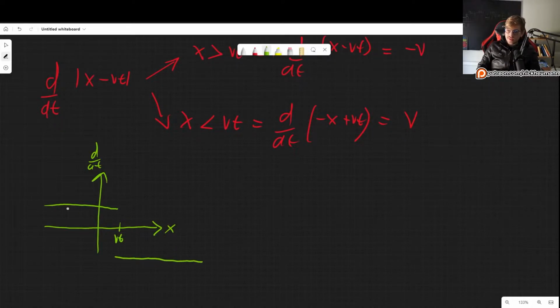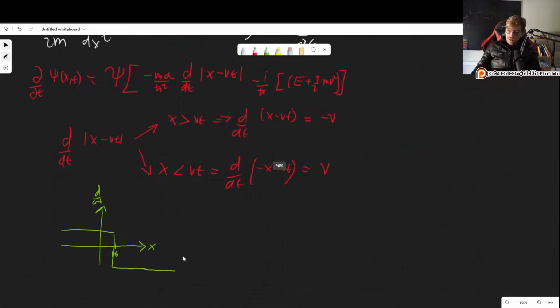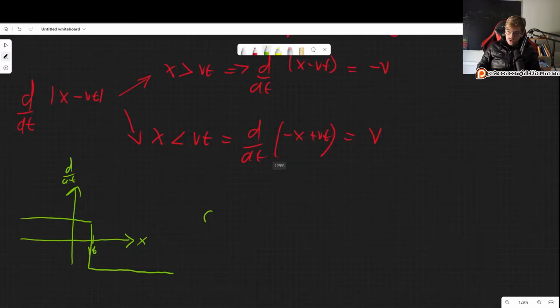So that is what the derivative looks like. And now this might look familiar. If not, don't worry. There exists a function called the step function or the Heaviside function, which does the following. Let's use z, just some other variable so we don't get it confused.